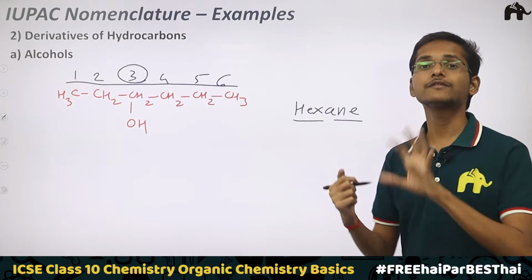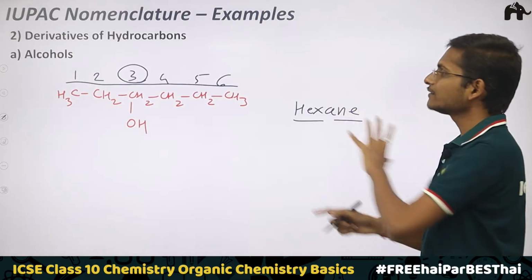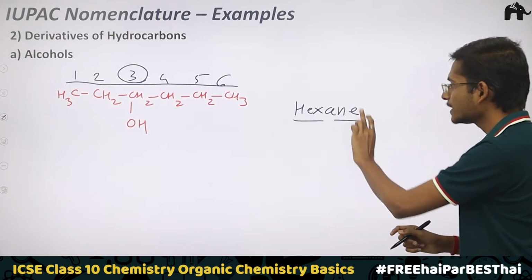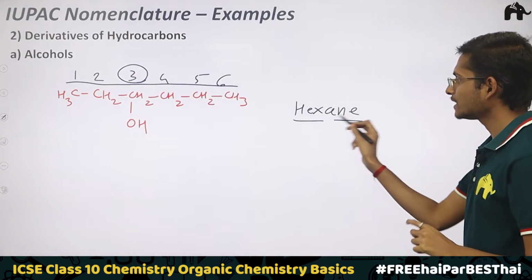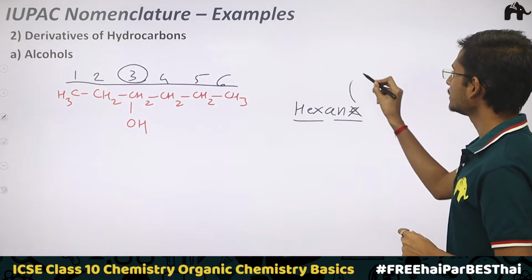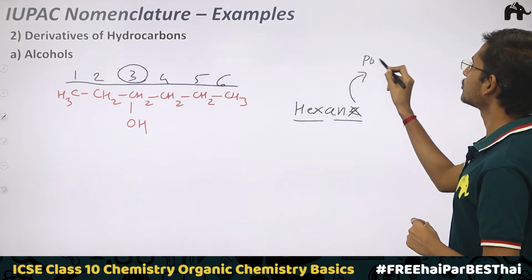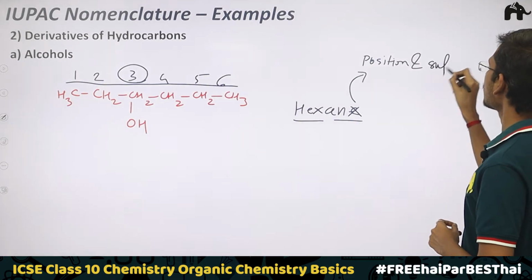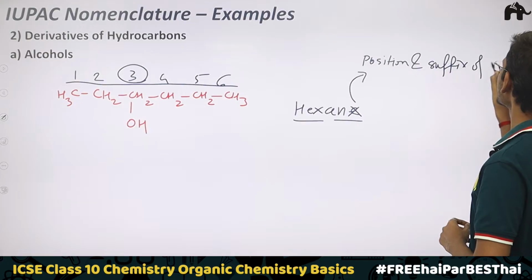But now remember the fifth rule, which was whenever we have a functional group, in the place of the 'e' in the 'ane' suffix, we denote the position and the suffix of the functional group.